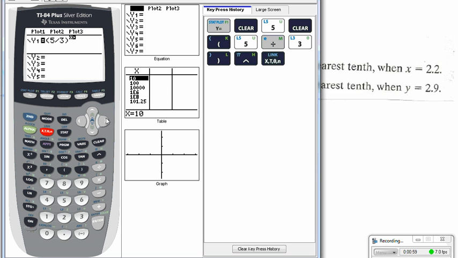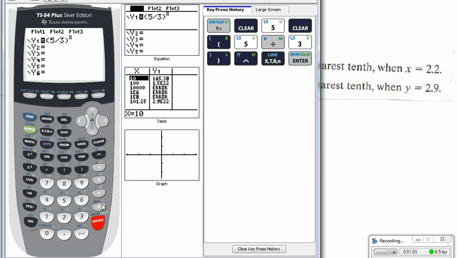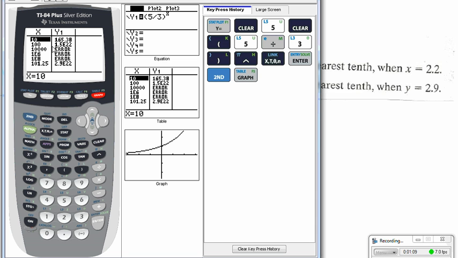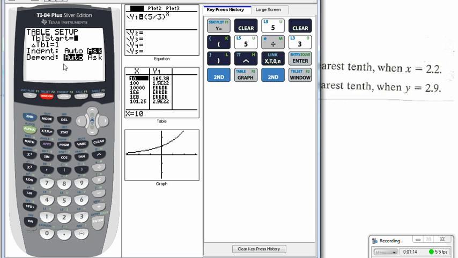Now, once we have done that, we want to go for the tables. So second table. Let me try to set up the table a bit easier for us to look at. And then what we want to do is independent order.